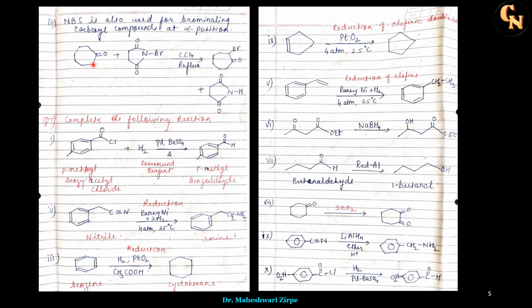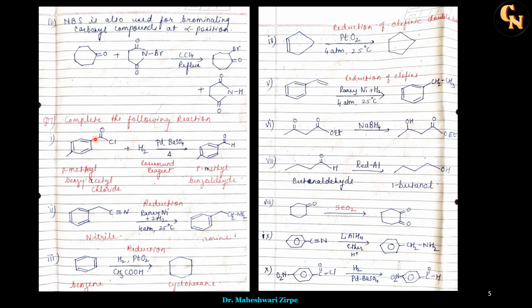So the alpha position will get brominated, either this carbon or this carbon, because there is no other substituent on the ring. So with reflux with NBS, we can get alpha-bromocyclohexanone.